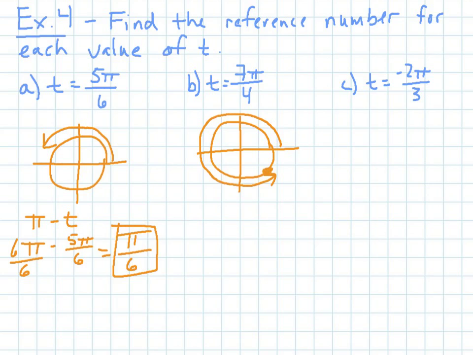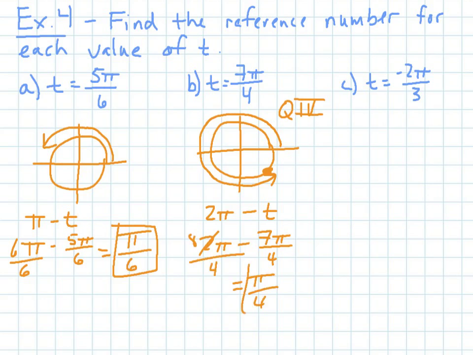So since you're in the fourth quadrant, I need to take 2 pi minus my t value. So here I need to make common denominators. So the 2 becomes 8 over 4. So subtracting gives me pi over 4. Because it's like the 45 of the fourth quadrant.